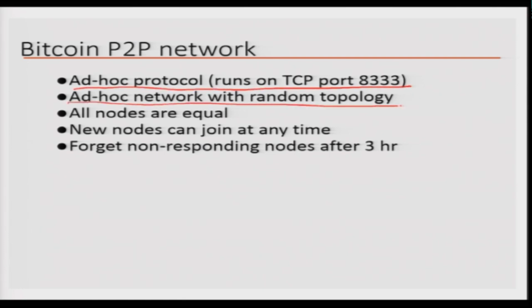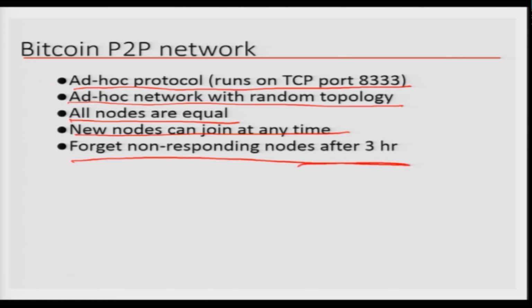So, an ad hoc network with random topology gets generated as the overlay network on the standard internet. All nodes are equal, so there is no client-server kind of architecture. New nodes can join any time. The barrier to entry is very small, and also you can forget non-responding nodes after 3 hours, but the node can actually wake up again and join.